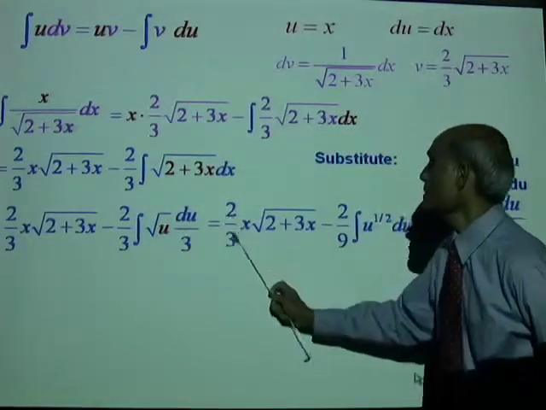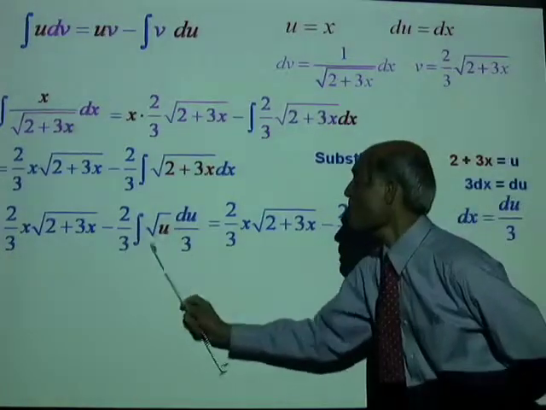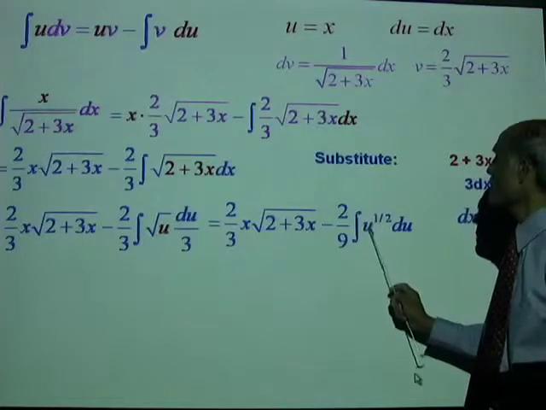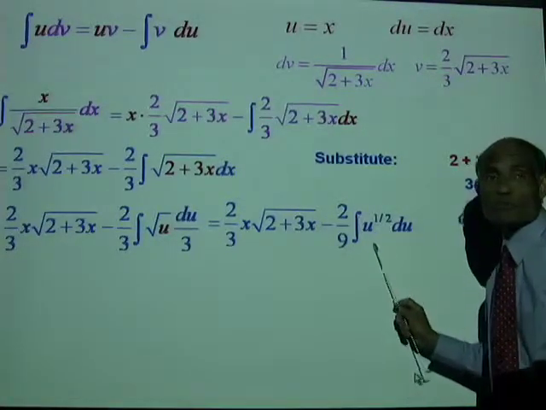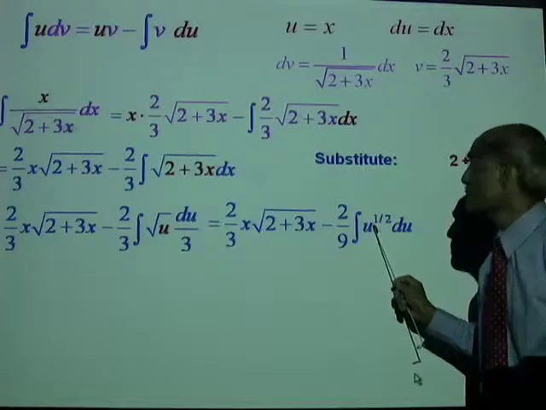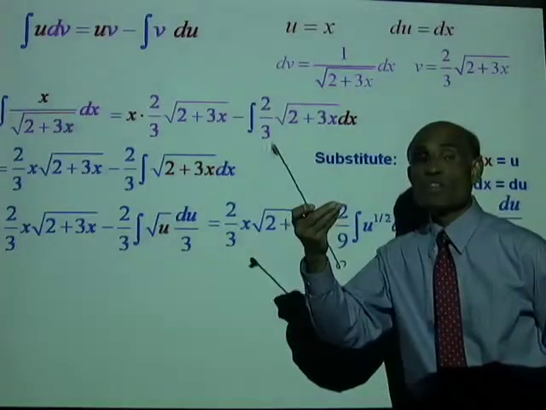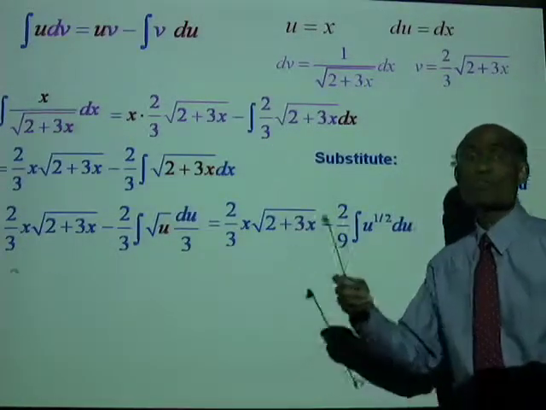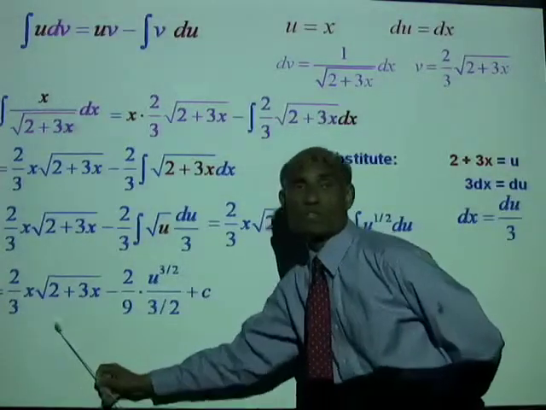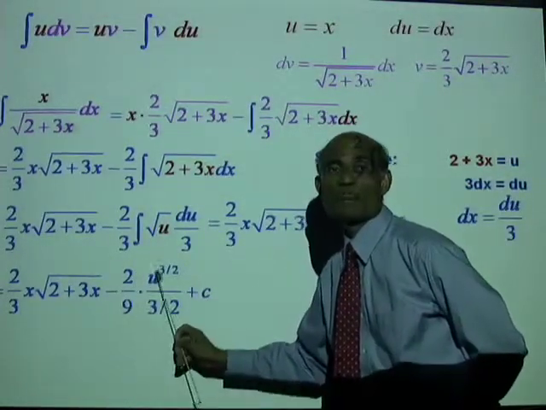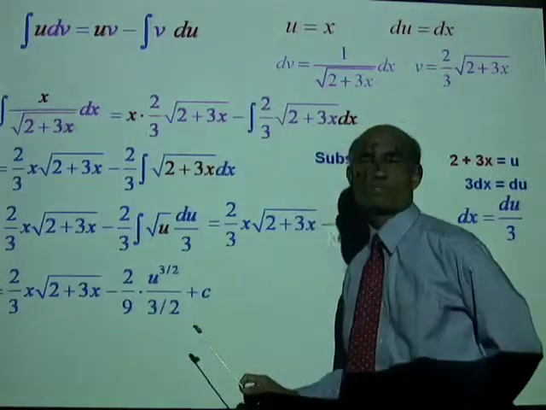So that will be 2/3 x square root 2 plus 3x minus 2 over 9 integral u to the power of 1/2 du. And you know how to integrate this. Integral u to the power of 1/2 is u to the power of 3 over 2 over 3 over 2. There you go. So that term does not change. Minus 2 over 9 u to the power of 3 over 2 over 3 over 2.